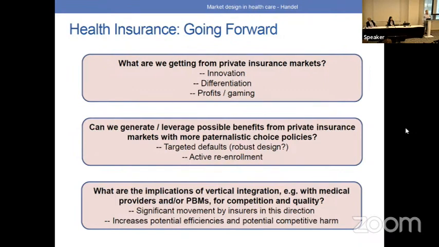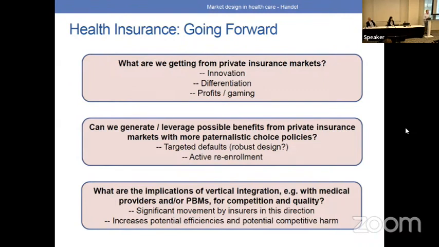In addition, on the choice dimension, I think an interesting question going forward is whether we can leverage benefits from private insurance markets using more aggressive choice aids. There's an omnipresent, ongoing discussion: how can we help consumers make better choices in these very complicated markets?